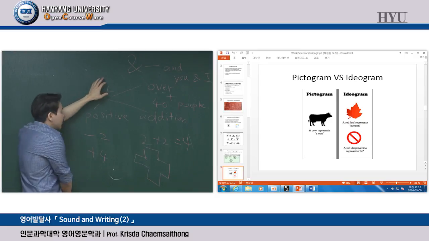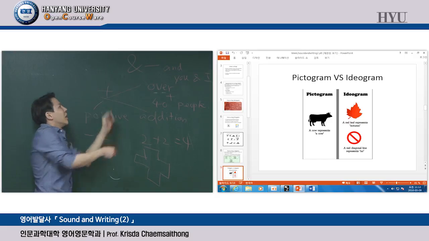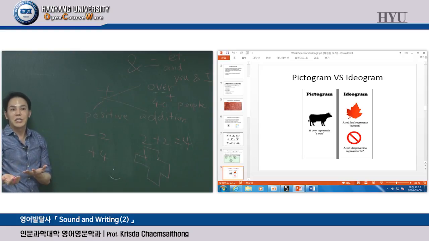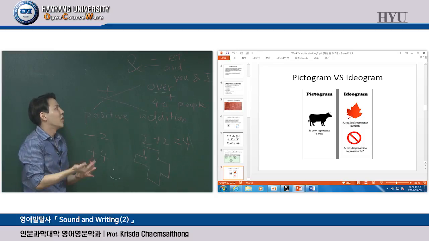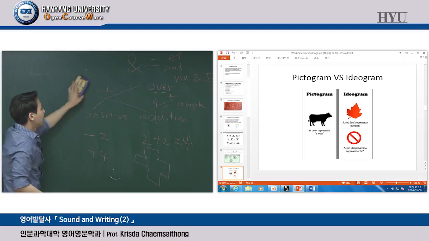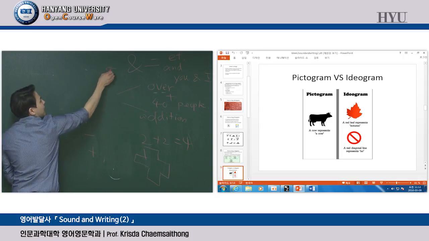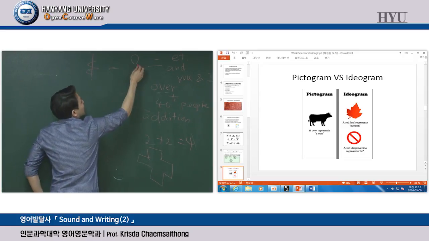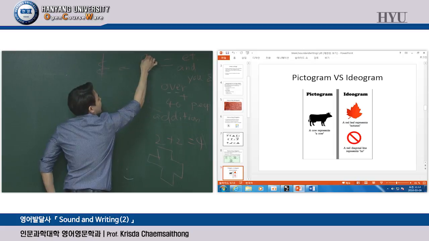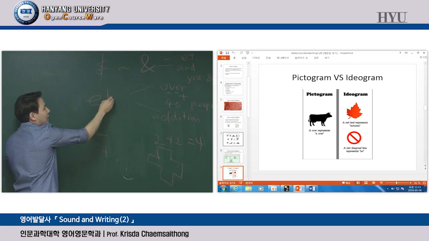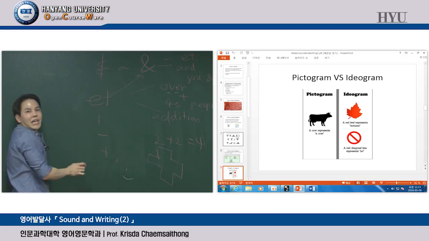The same symbol will be pronounced differently in other Romance languages like Spanish or Italian or Latin. That's how it originated. So you might see the same thing written like this. This is supposed to be a T and then there's an E here. There's a line of development as to how the word 'et' has come to be written like that.